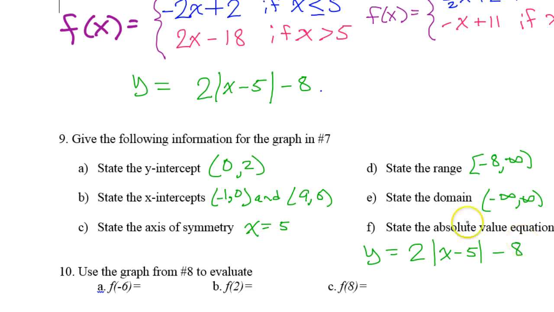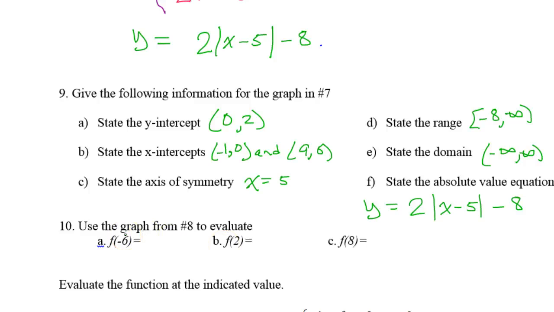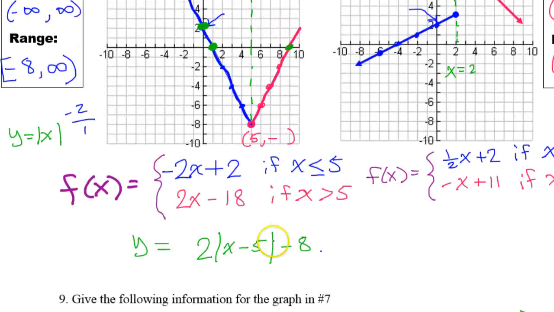All right, so that's it for number 9. Now, we're going to use the graph from number 8 to evaluate these numbers. So I'm going to evaluate at -6. So look, these are x values. So let's take a look and see what's going on at an x value of -6.